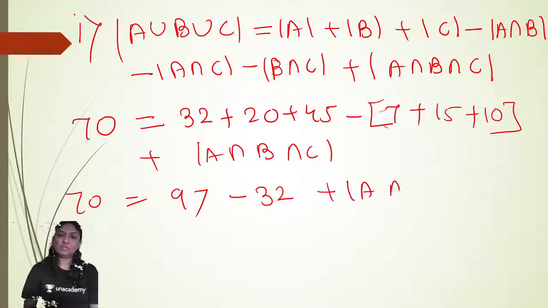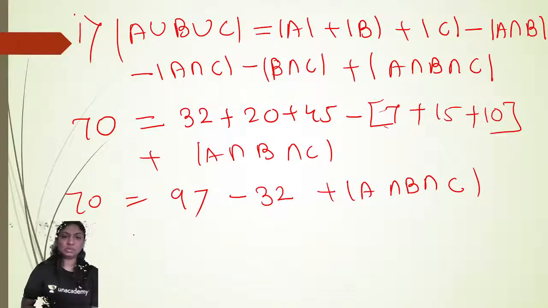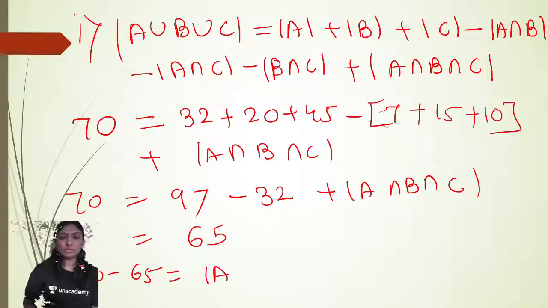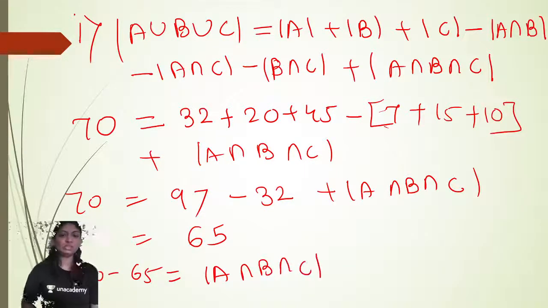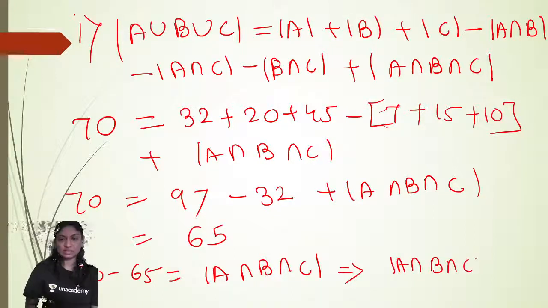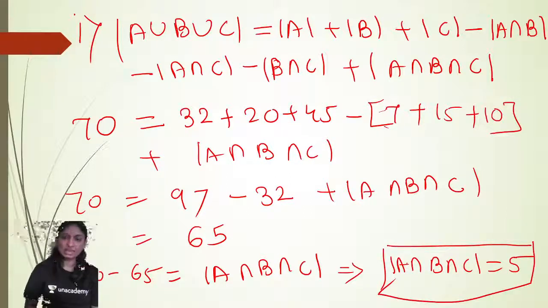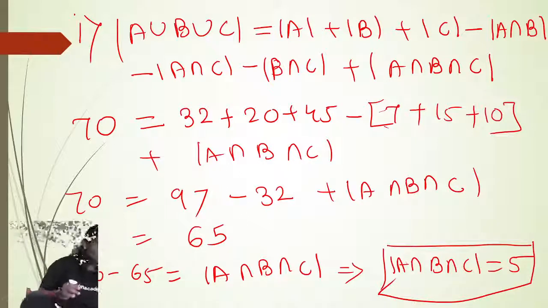And plus cardinality of A intersection B intersection C. So 97 minus 32 is 65. So 70 minus 65 is equal to cardinality of A intersection B intersection C, which is 5. It means there are 5 students who study all 3 subjects, right?